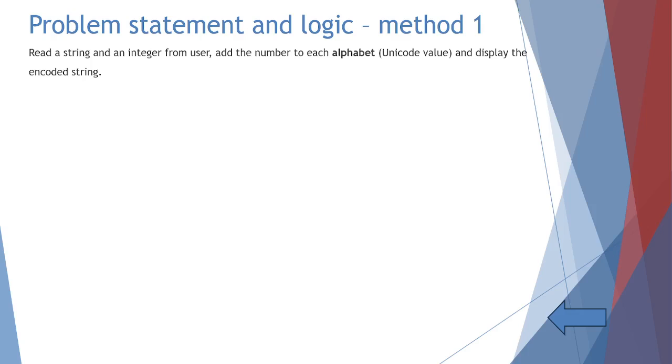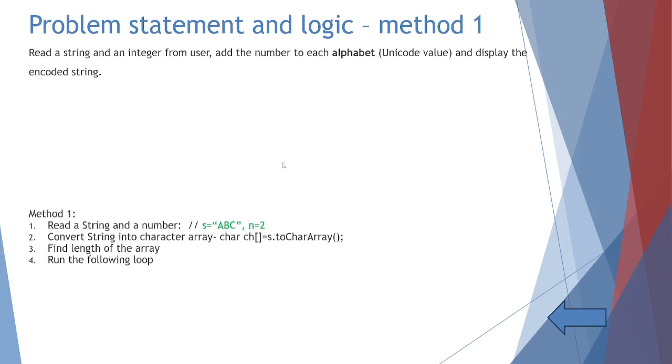Read a string and an integer from user, add the number to each alphabet, that is the Unicode value, and display the encoded string. While understanding the logic of method 1, we will understand method 1 is not correct. We need to follow the second method.